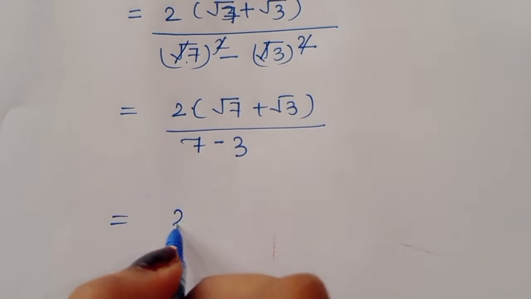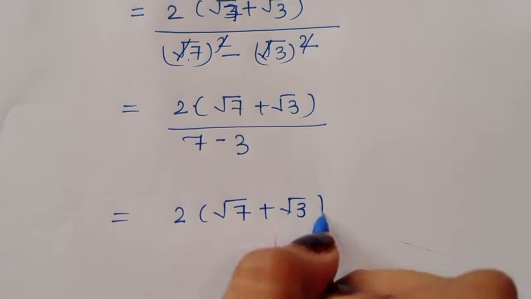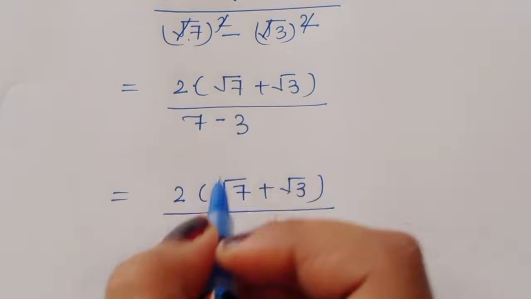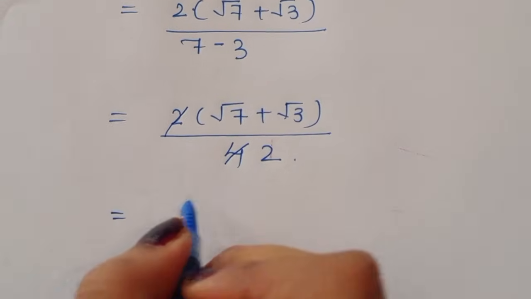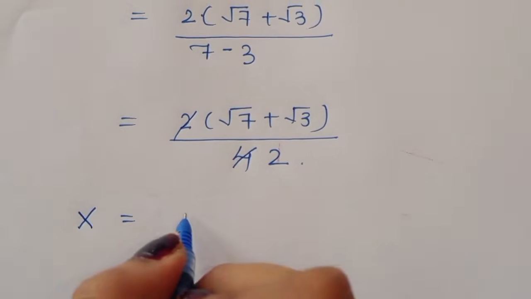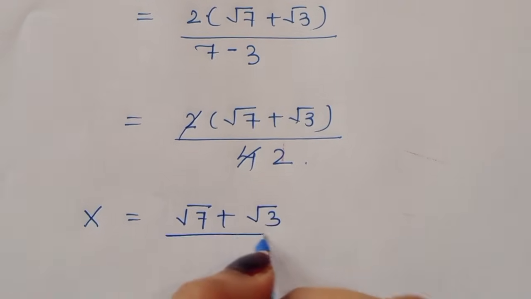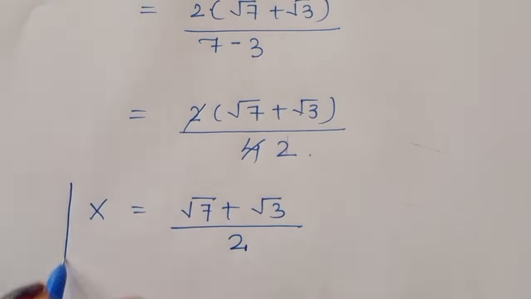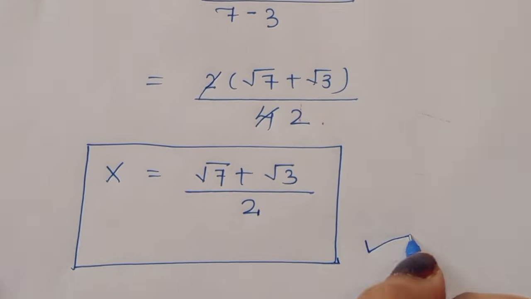So we can write 2 times square root of 7 plus square root of 3 divided by 7 minus 3, 4. 2 to the 4 is equal to, we can write value of x is equal to square root of 7 plus square root of 3 divided by 2. This is the value of x, and this is the solution. Thank you so much.